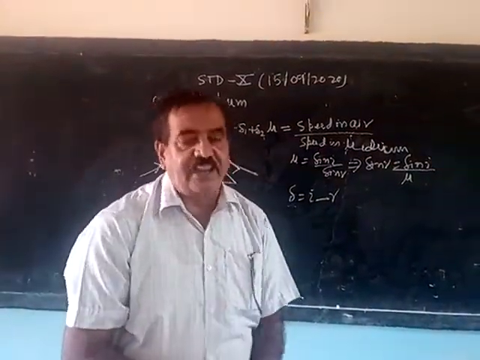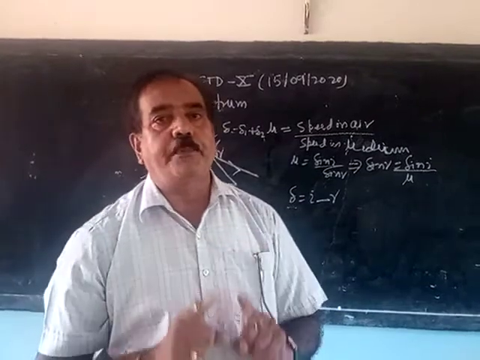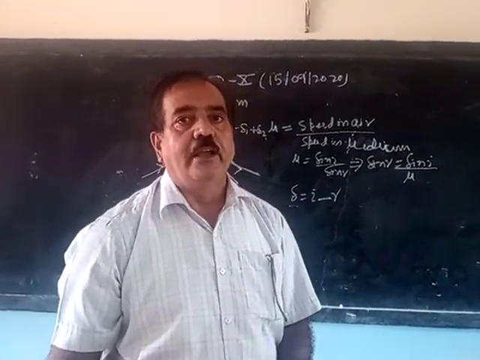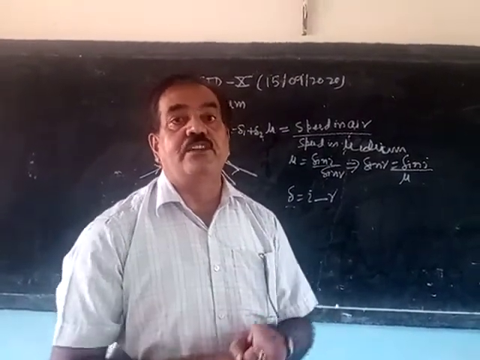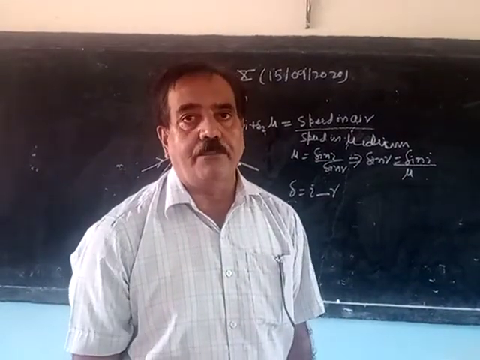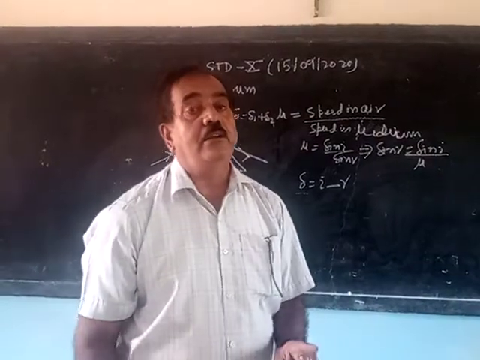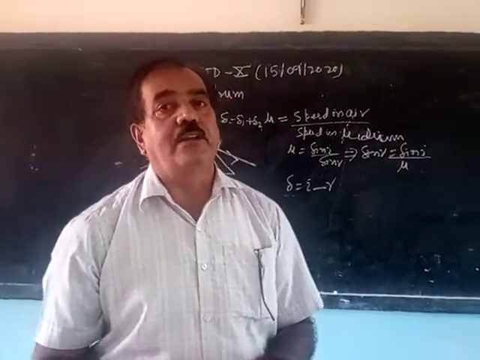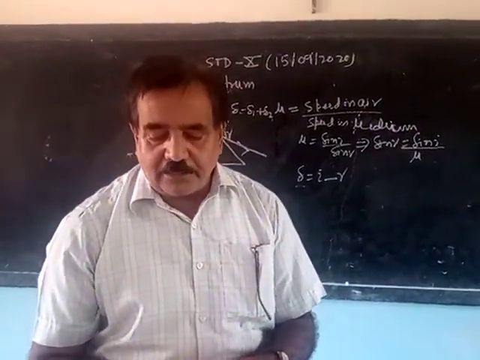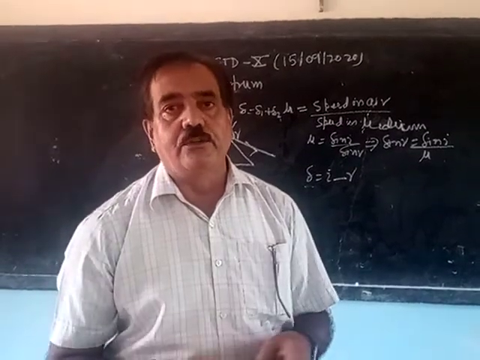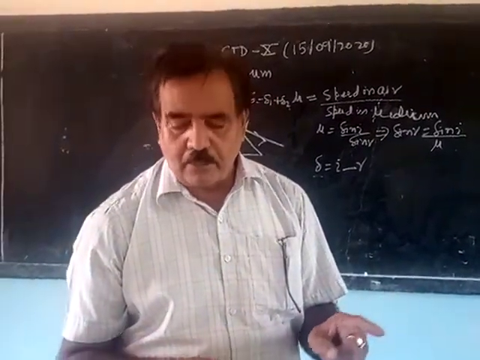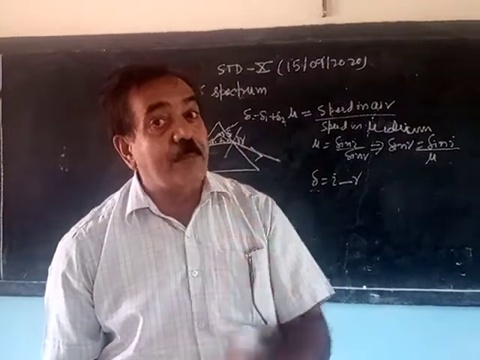So what is scattering? The phenomenon of splitting of white light into its constituent colors is known as scattering of light. Dispersion. What is dispersion? The phenomenon of white light splitting into its constituent colors is known as dispersion of light. And what is a spectrum?